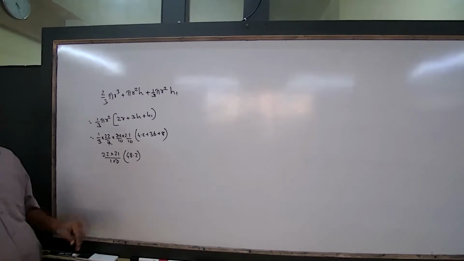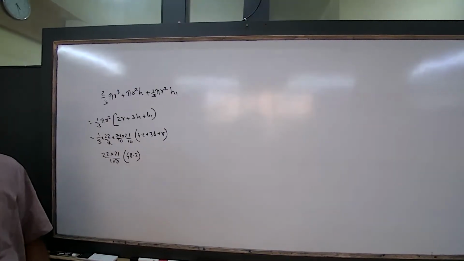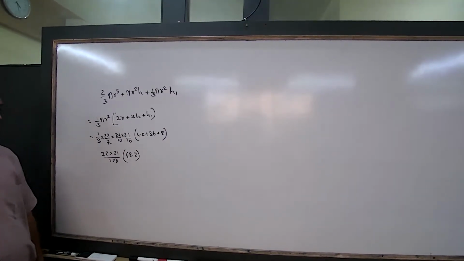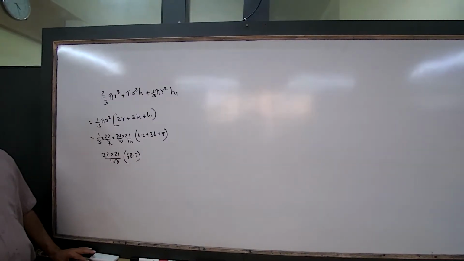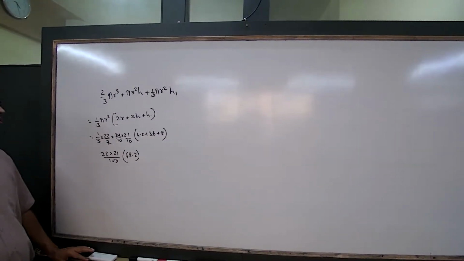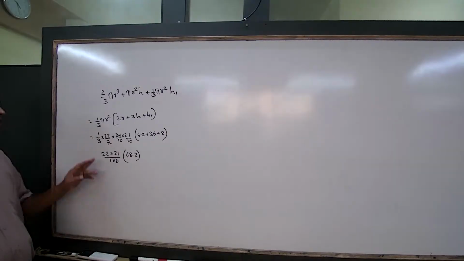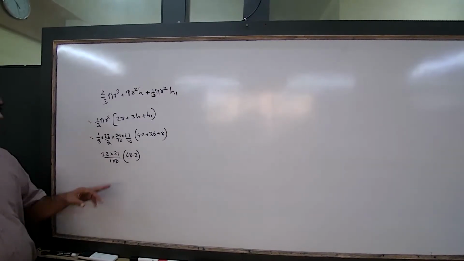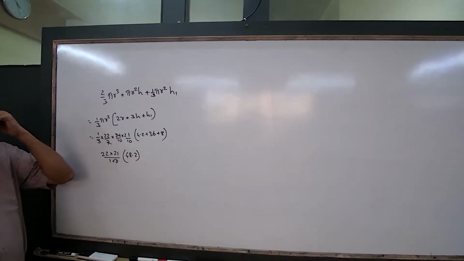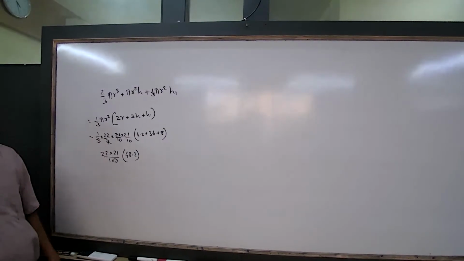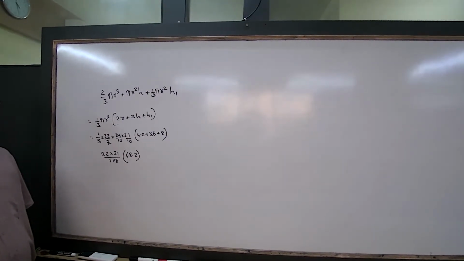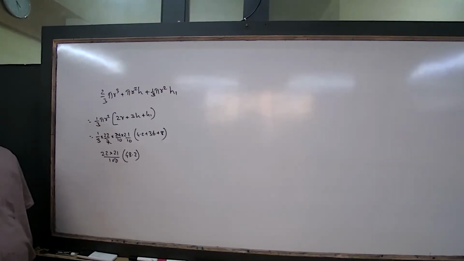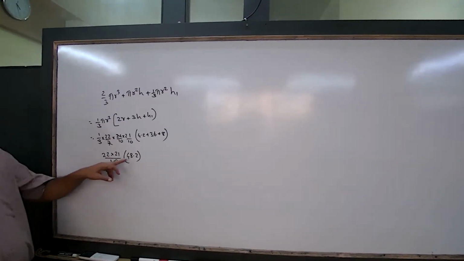22 into 21 into 48.2. It was 22 into 0.63 into 0.63. Actually this 3 was there. I got 15.7, then division, and I got the answer as 217.6.